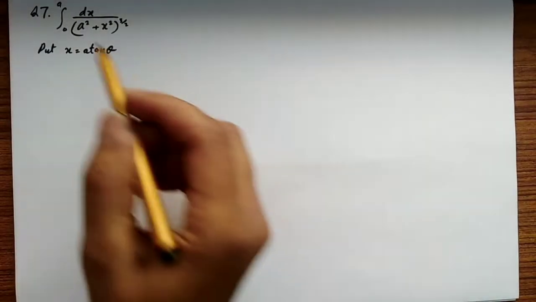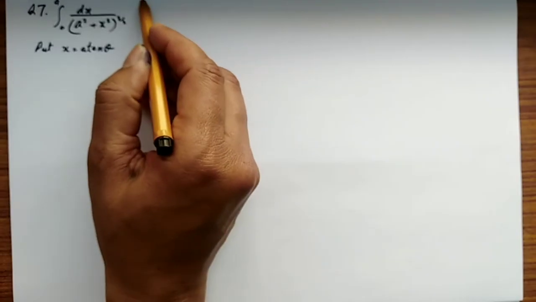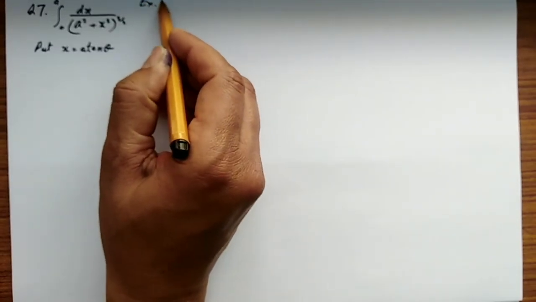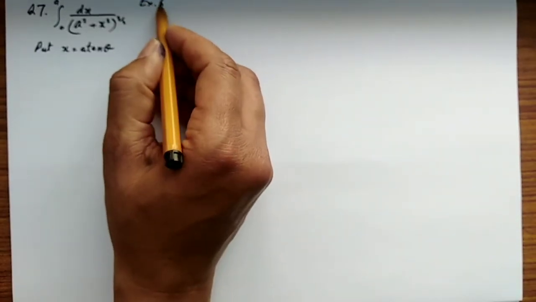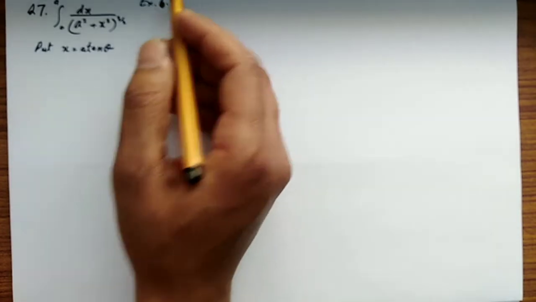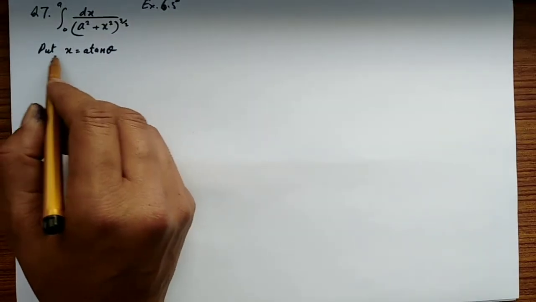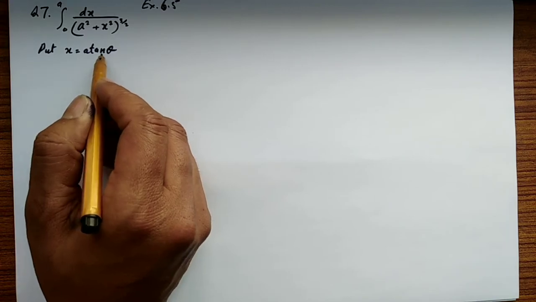Okay guys, to solve question number 7 of exercise 6.5, put x equals a tan theta, right?